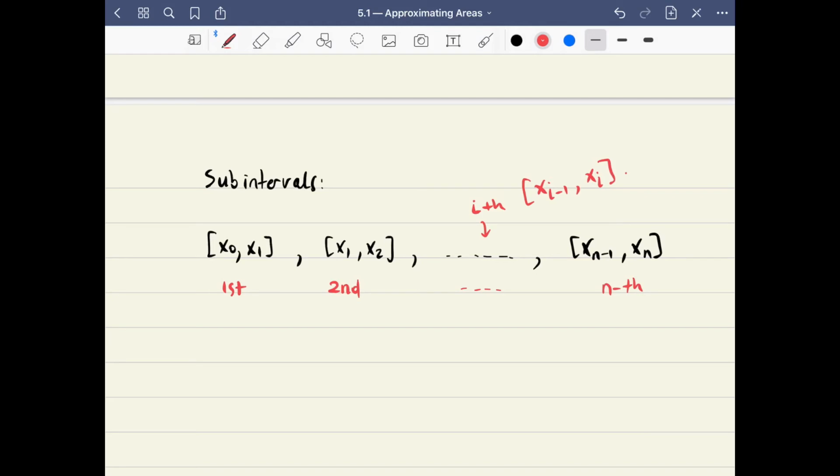And let's suppose that we choose some point, let me call this xi star, in the ith subinterval. So this is any point. This has to be fixed, okay?